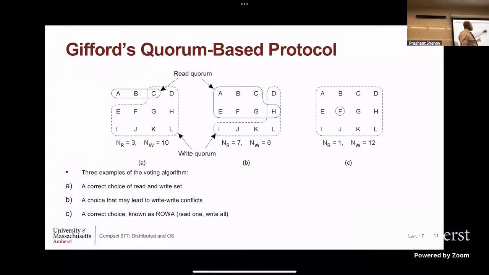So the last case is the third example. The write quorum is the entire set, always. So all the writes go to all the replicas. The read quorum is 1. You never have to ask more than one server if all the servers have always seen the write. So writes here will be broadcast to all the machines, and the reads are going to be local.